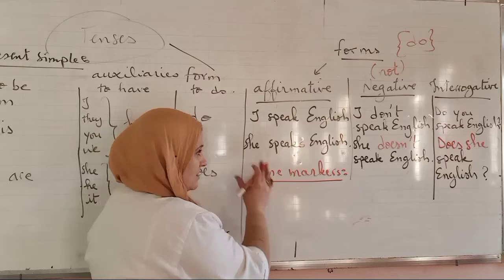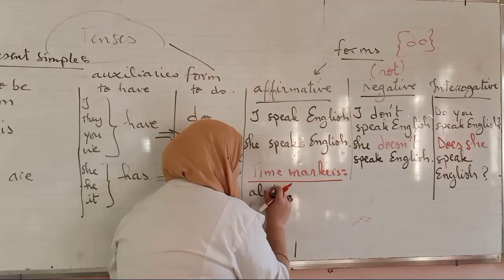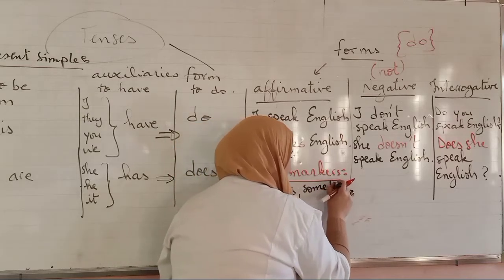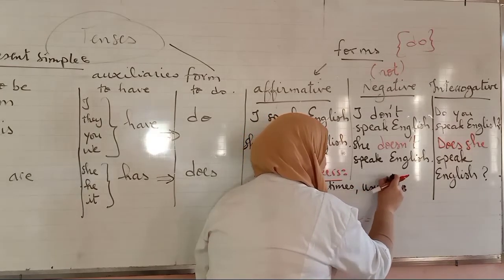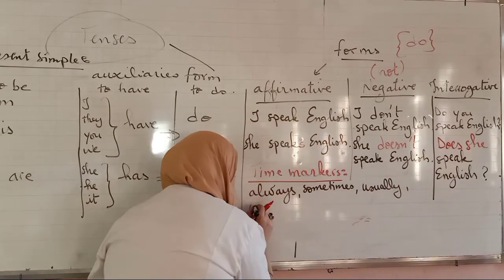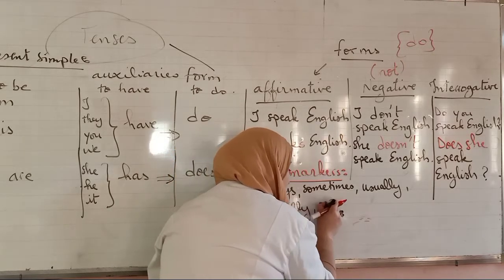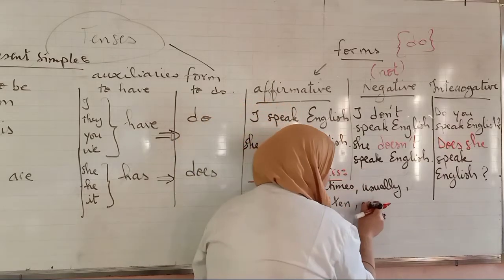So the time markers of the present simple are always, sometimes, usually, generally, often, every.